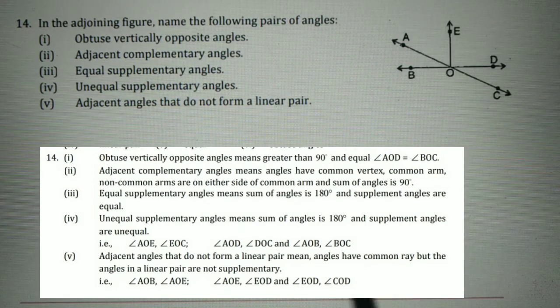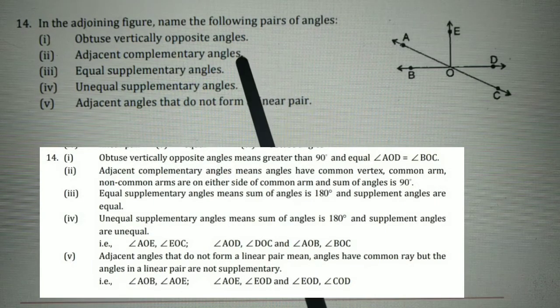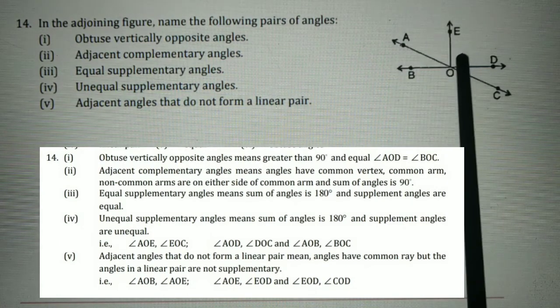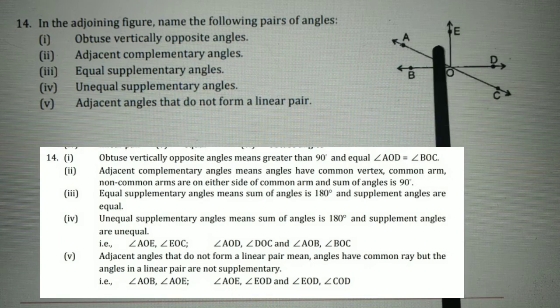Next one, adjacent complementary angles. Now angles which are adjacent as well as complementary. What is the meaning of complementary? Complementary means the two angles whose sum is 90 degree, and adjacent means there is a common arm between them. You can see here BOE makes a 90 degree angle.